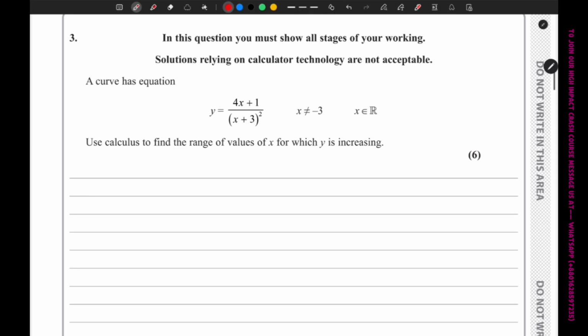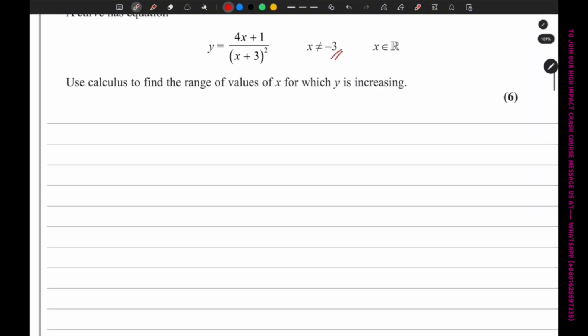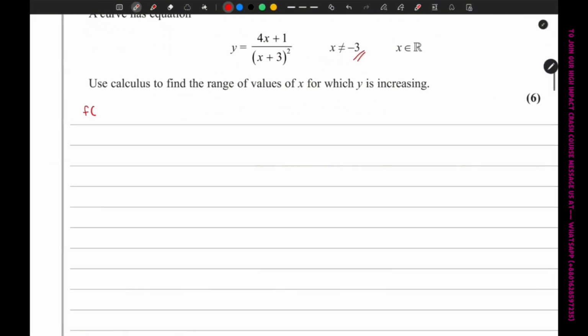A curve has an equation like this, and the domain is also given. Use calculus to find the range of values of x for which y is increasing. If a function is increasing, always remember that if f(x) is increasing, it means that the value of f'(x) is greater than 0.